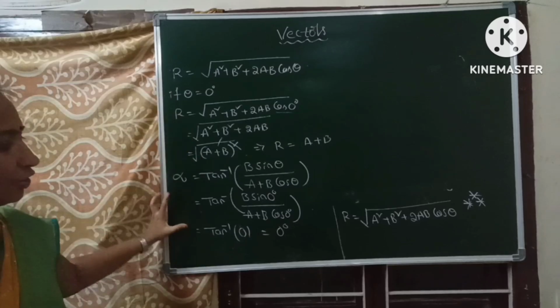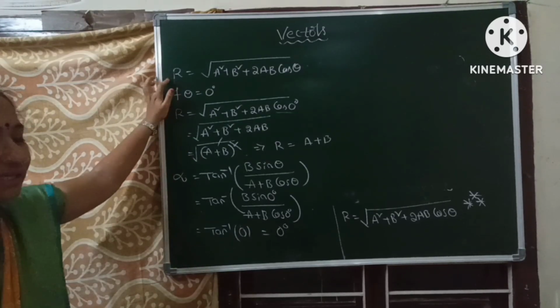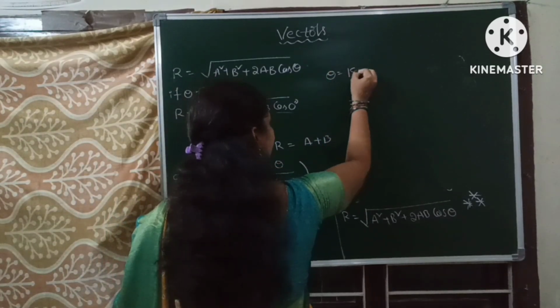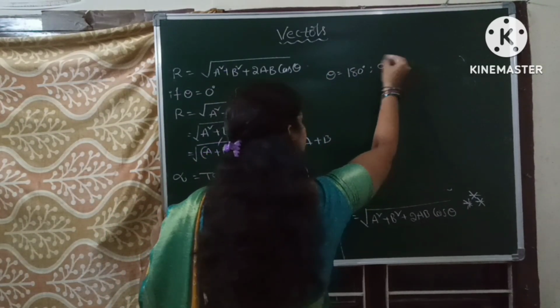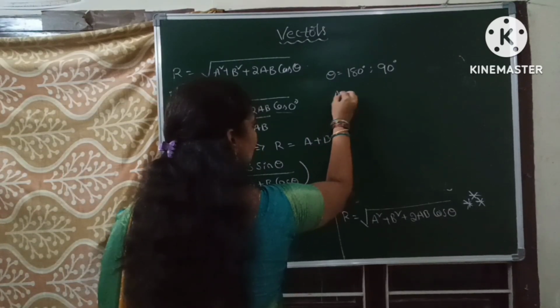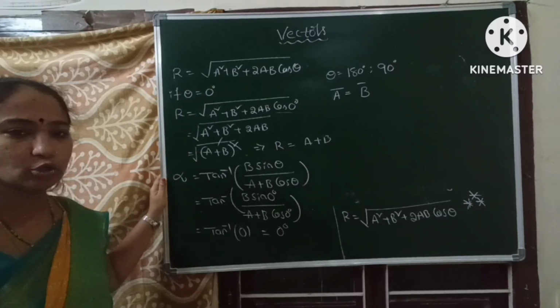Like this you can calculate the resultant for different angles: theta equal to 180 degrees, and we will calculate 90 degrees. We will also take one more case, where two vectors are the same in magnitude, that is a bar is equal to b bar.